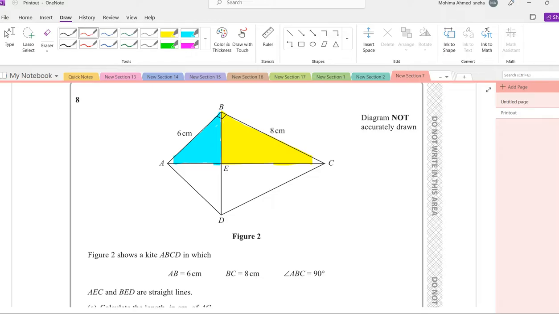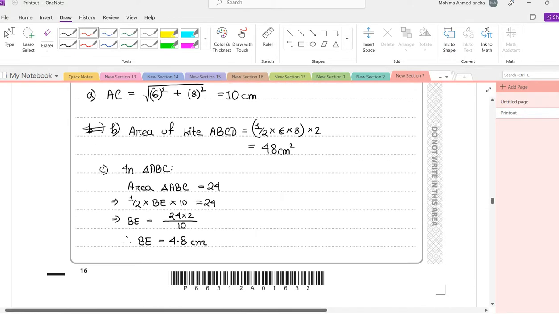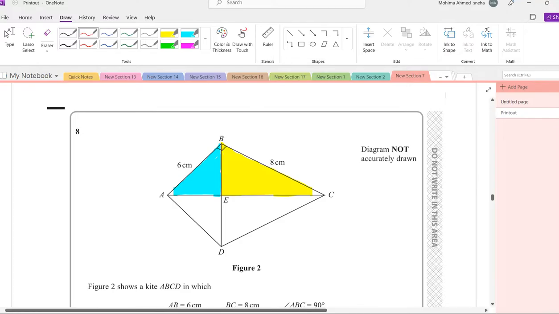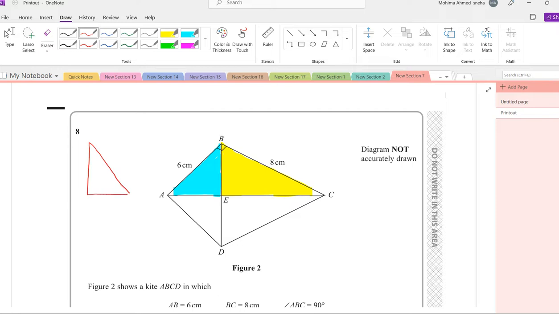In order to do that, let me first draw the triangles in a way so that we can actually compare the sides together. So we are going to write triangle ABE as this, with A at the top, E below it, and there should be point B. And we are going to draw BEC just the way it is.